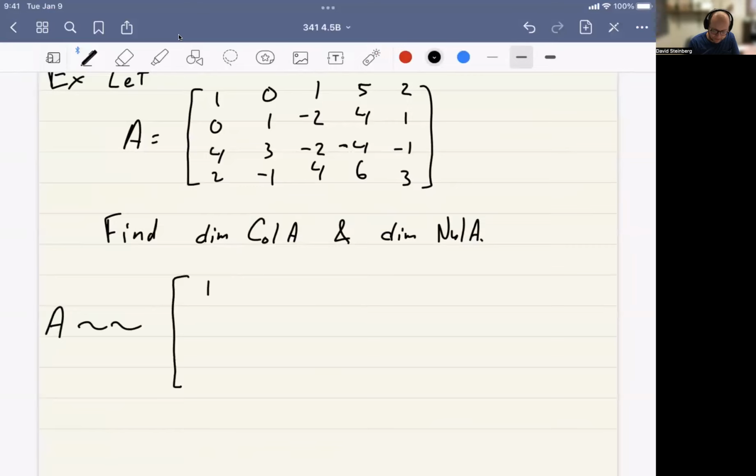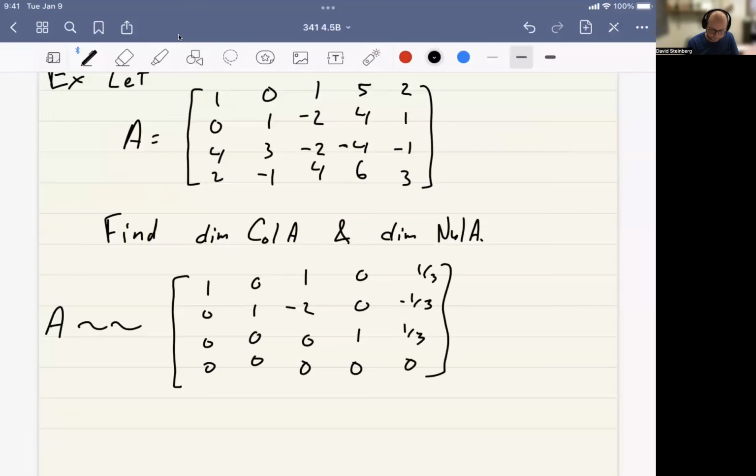You ought to get 1 0 0 0 0 1 0 0 1 -2 0 0 0 0 1 0, and then 1/3, 1/3, -1/3, 1/3, 0.